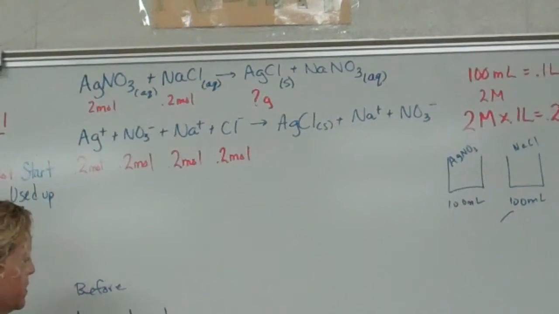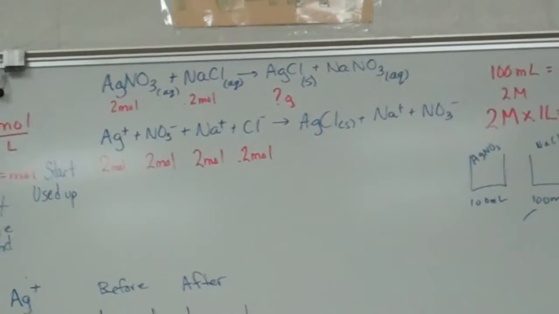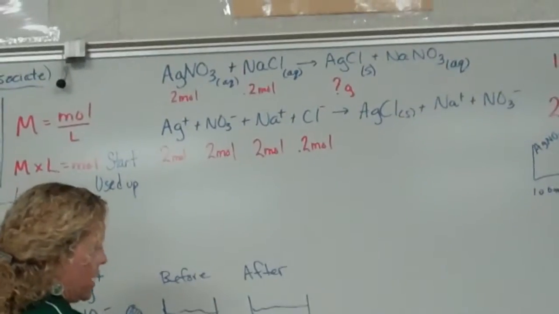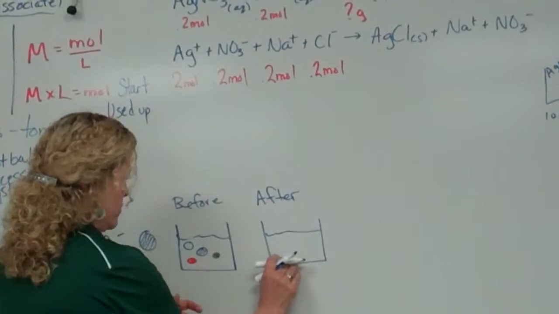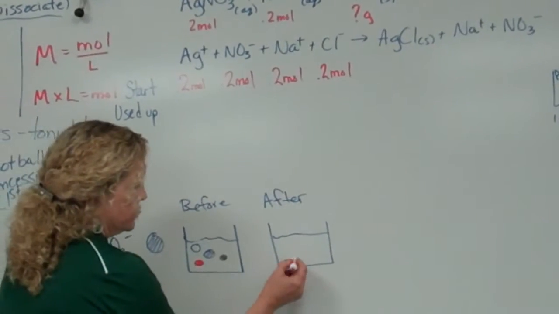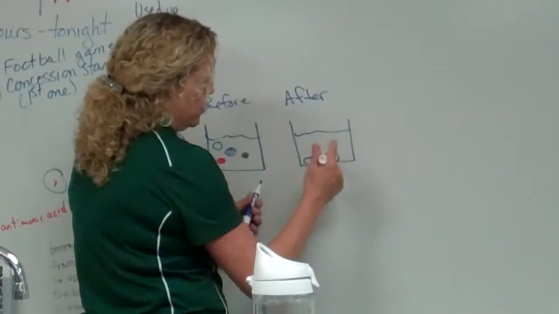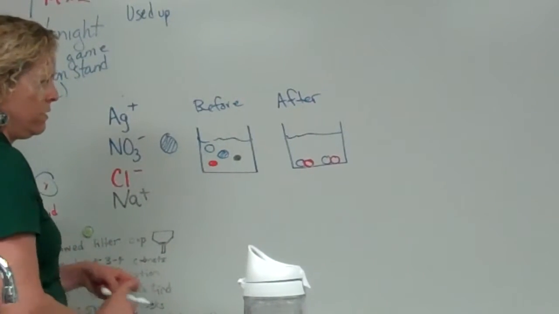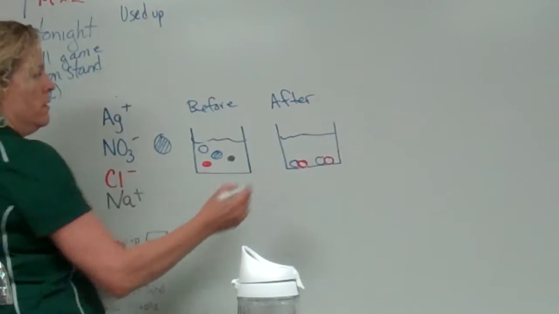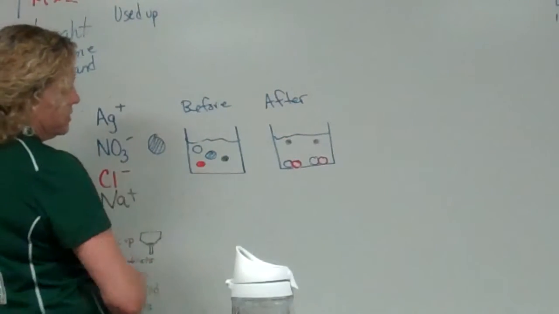In our after beaker, what's going to be at the bottom? Okay, we're going to have our silver chloride, chloride is red, and we're going to have a bunch of it. What's going to be floating around on top? Sodium, and what else? And the nitrate, okay?